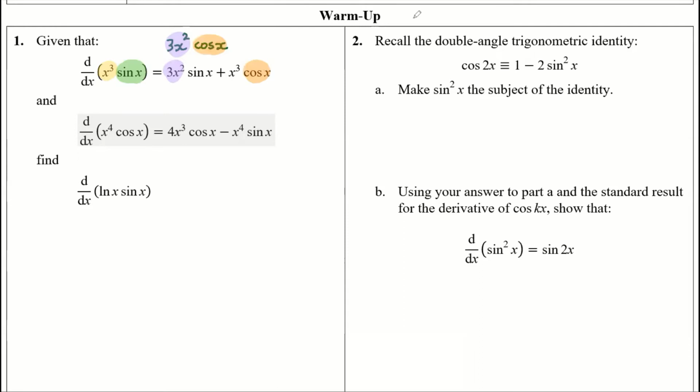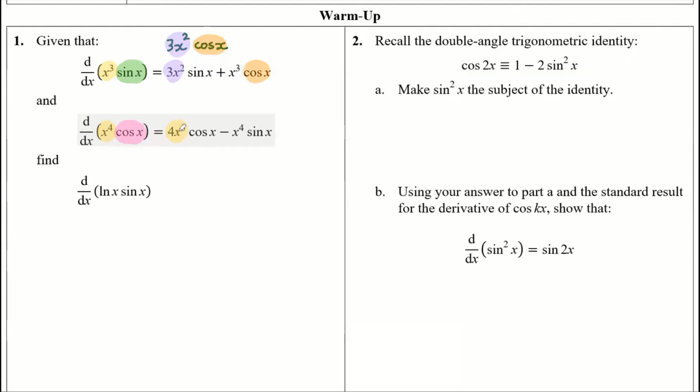So once again, I've got the product of x to the power 4 and the cosine of x. Now, if you look at the expression on the right-hand side, this is the actual derivative. We have the 4x cubed written first. That's the first thing that we see.